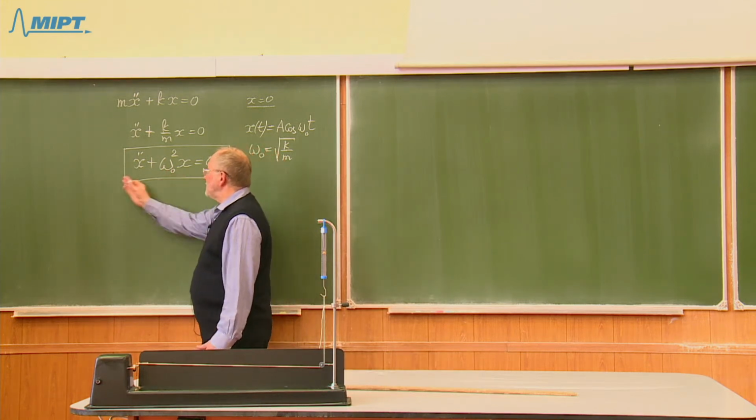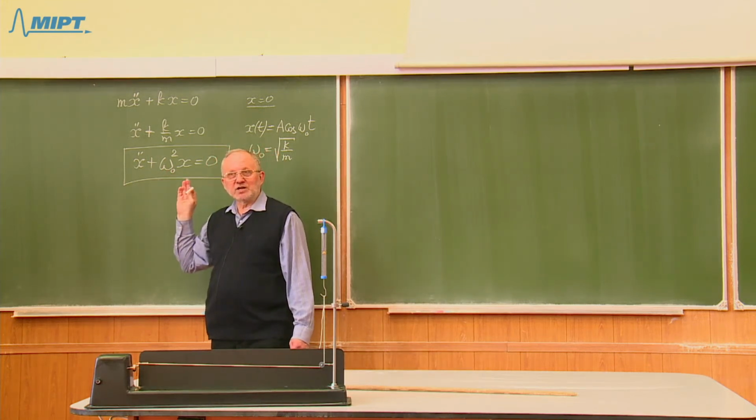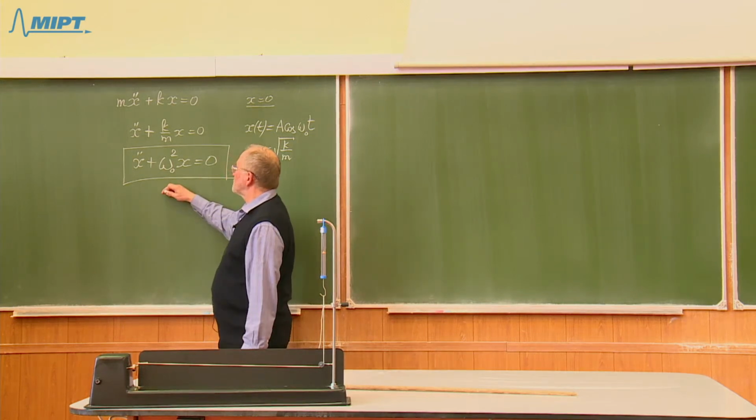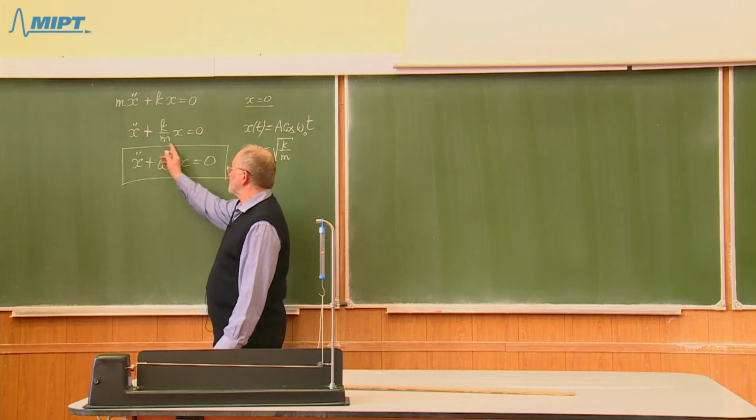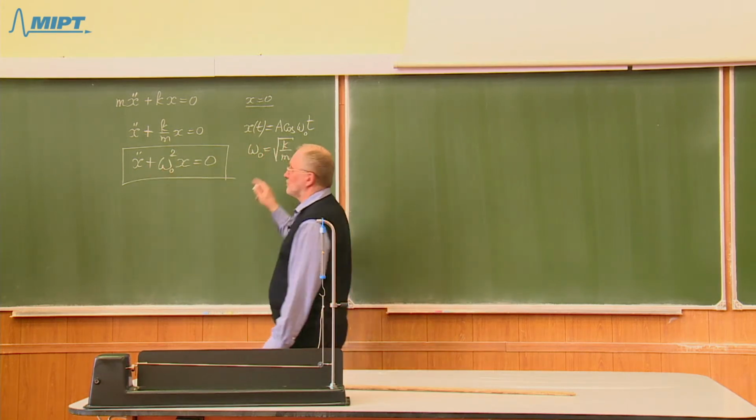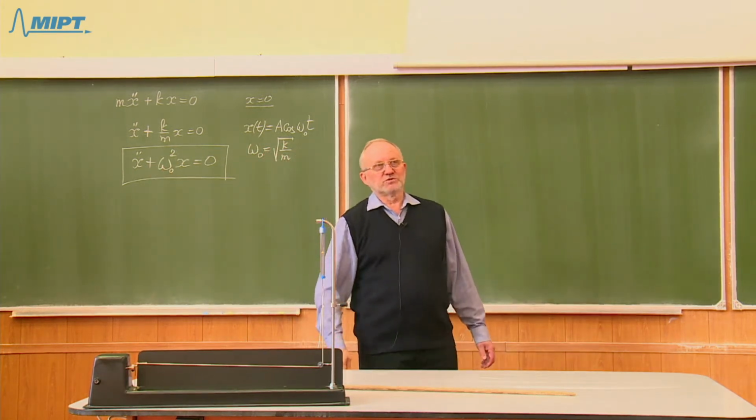So there is no need to solve this equation many times. Each time you obtain this equation, you don't have to solve it, because this coefficient will immediately give you the vibration frequency.